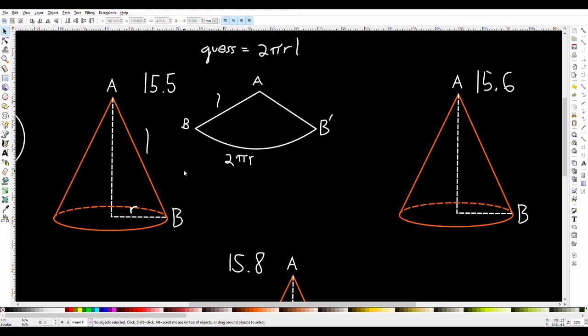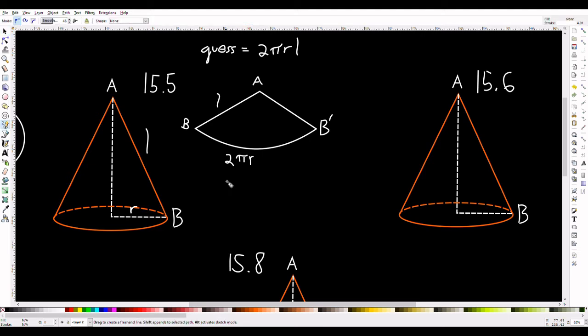We can find the ratio of the radius of our base circle to the radius of our circle sector that we have depicted in white.